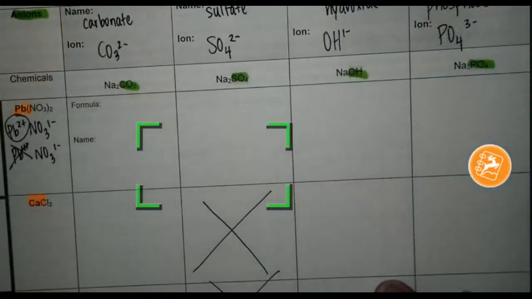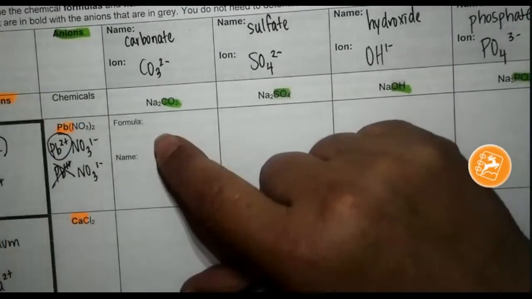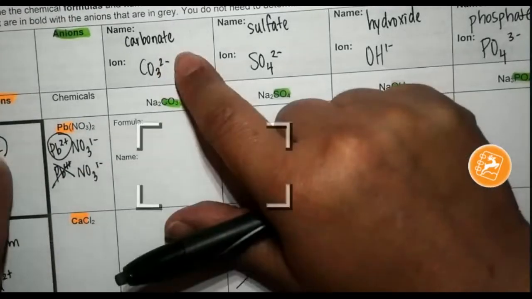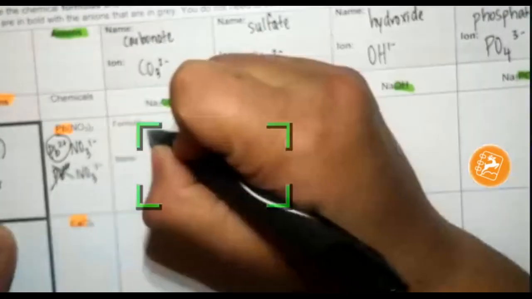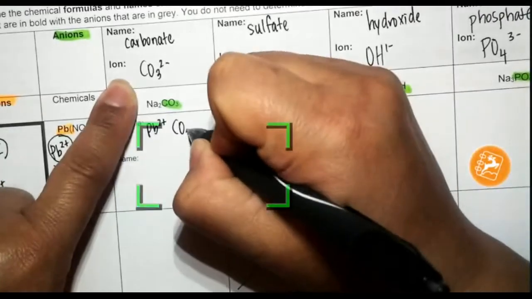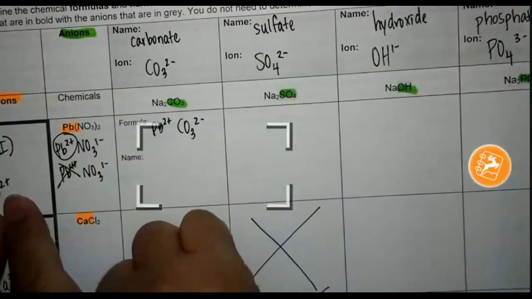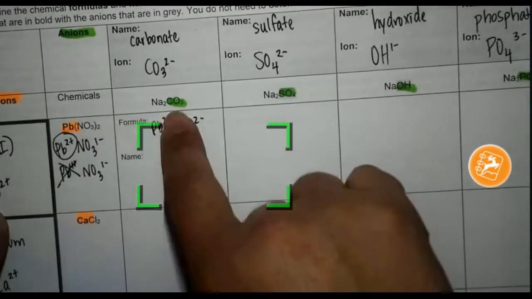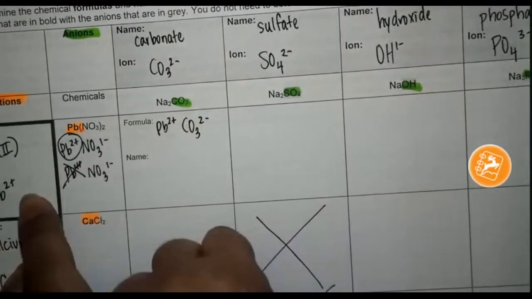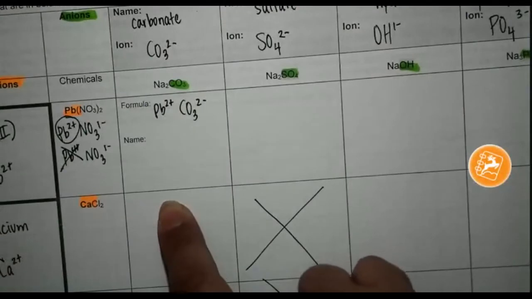Okay, so then what we're going to do is combine the cation from this side and the anion from here. So I'm going to combine the Pb2+ and CO3 2 minus. I have to put the positive ion first. This one goes first every time, the positive one.